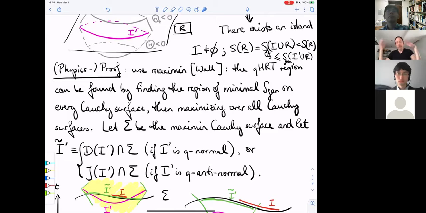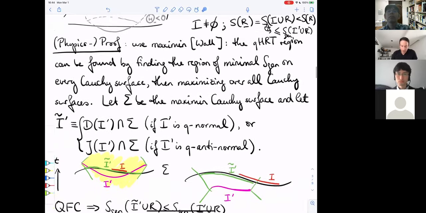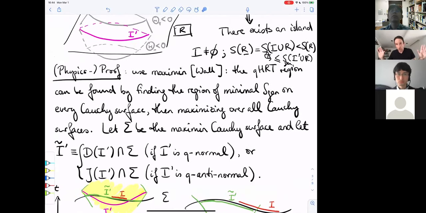And under certain reasonable assumptions, that can be shown to give you the same answer as the quantum RT prescription. Okay, so that's what we assume is going to be true. And there are subtleties. There are papers about those by Akers, Pennington, and a bunch of people, for example. I'm going to assume those subtleties are not a big problem.